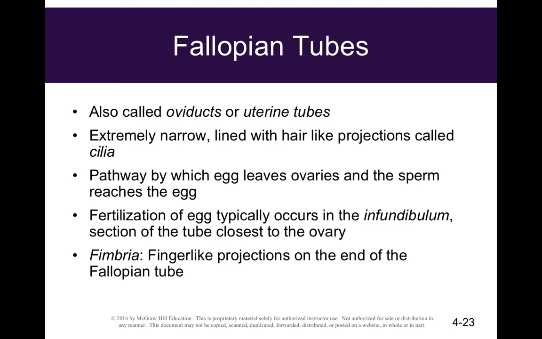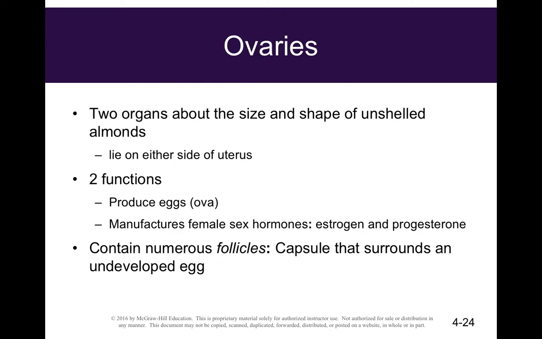The fertilization of the egg typically occurs in the infundibulum section of the fallopian tube that's closest to the ovary. The fimbriae are those finger-like projections on the end of the fallopian tube that act to move the ova or fertilized egg into the fallopian tube.